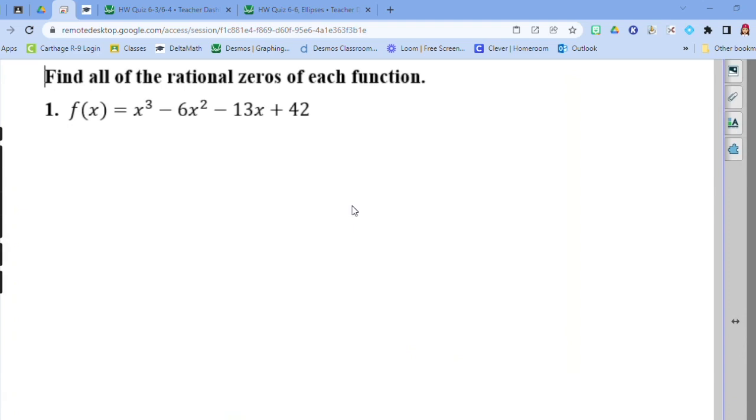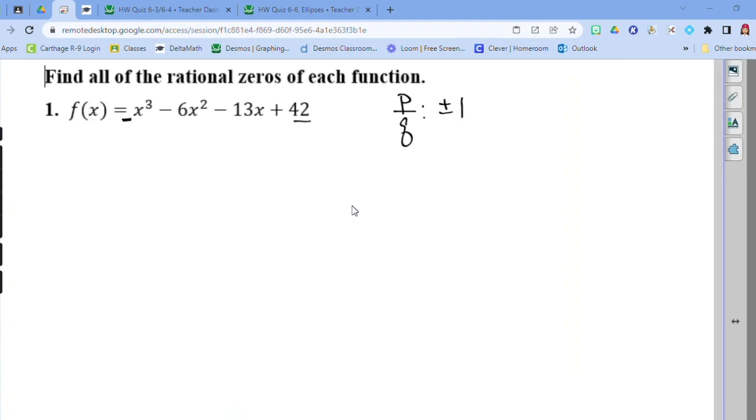When finding the rational zeros of each function, we first have to look at the possible zeros this function could have. We go back to P over Q. That would be all the factors of 42 versus all the factors of 1.